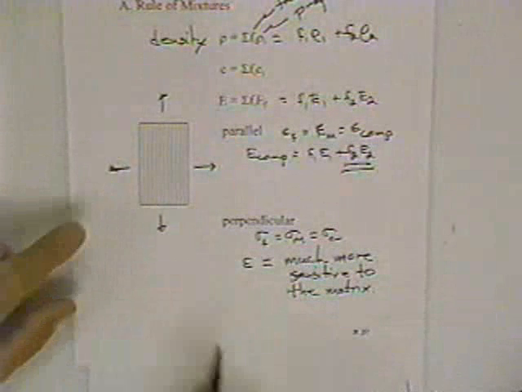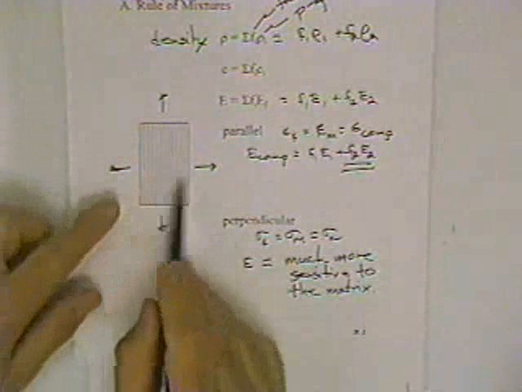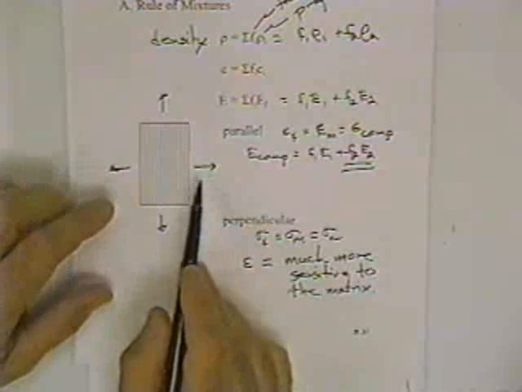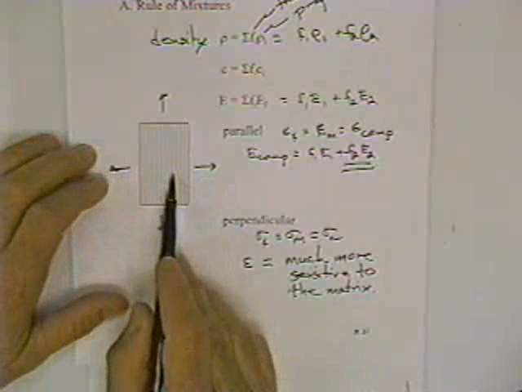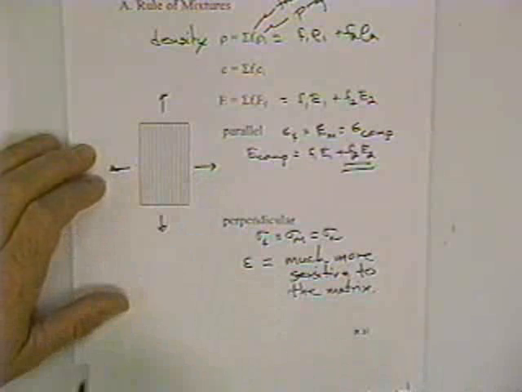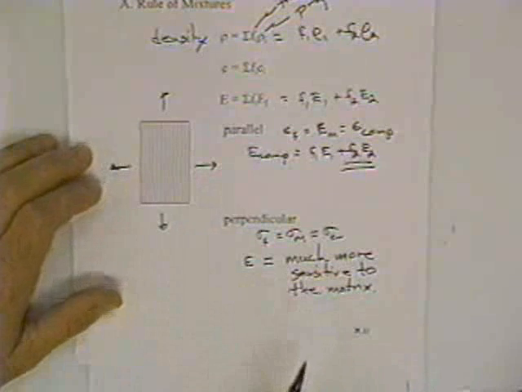And while the higher volume fraction will help you some, you can see here really that if you're going to pull this way, the fibers aren't going to contribute anywhere near as much as the matrix. So here you're going to have a modulus that would be much closer to the matrix value than you would for the perpendicular, than you would in the parallel value.